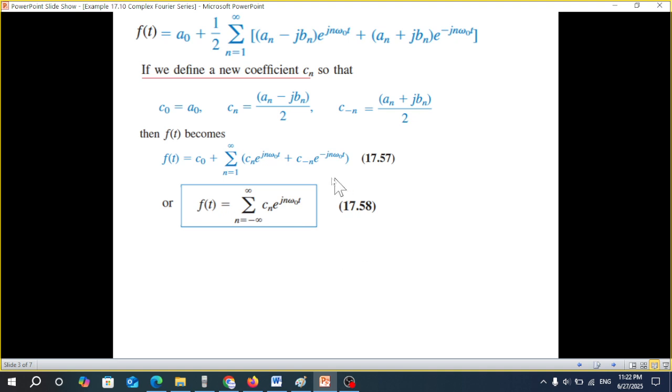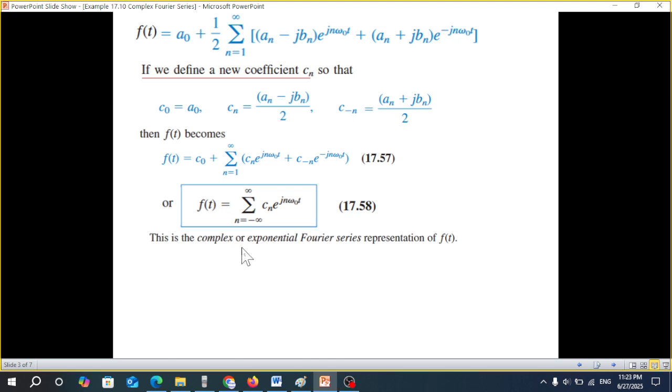Let me explain it one more time. You can see here n is positive and here n is negative. So that is why we are now going from negative infinity to positive infinity, which should also include n equal to 0 for this one. So this is the simplified form of the function.